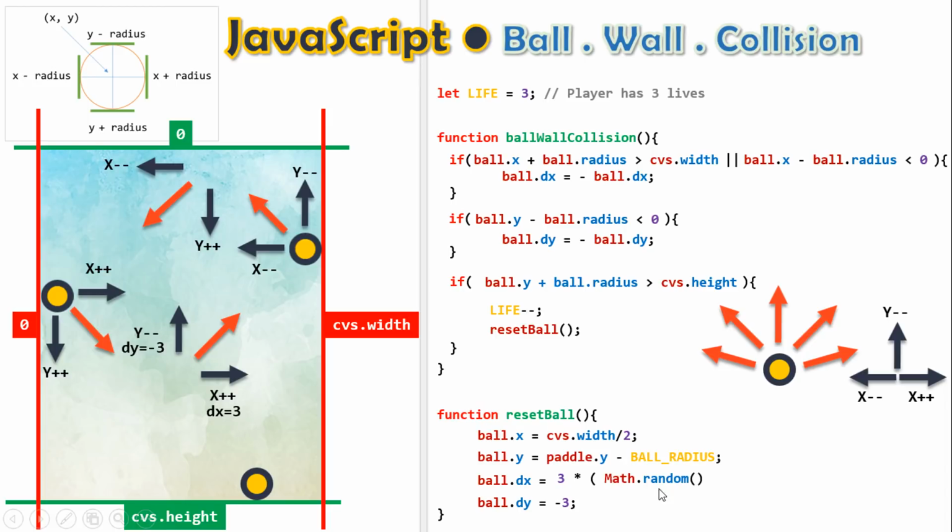This method here will return numbers between 0 and 1. I will multiply that by 2. Now this will return numbers between 0 and 2. If I subtract 1, this will return numbers between 1 and -1. If I multiply that by 3, this will get us numbers between 3 and -3.